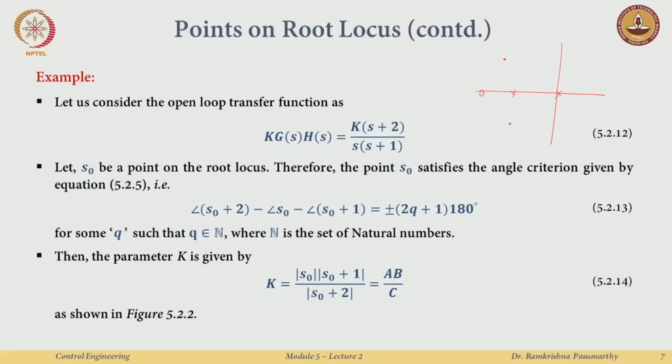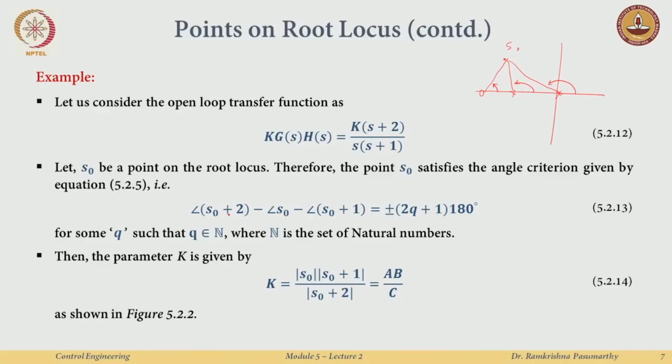The root locus could be any kind of curve on this complex plane. They could also go into the unstable region, but we will see that a little later. For any point s0 to be on the root locus, it should satisfy the angle criterion. I measure the angles this way.